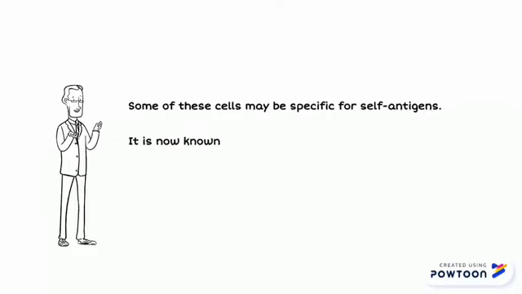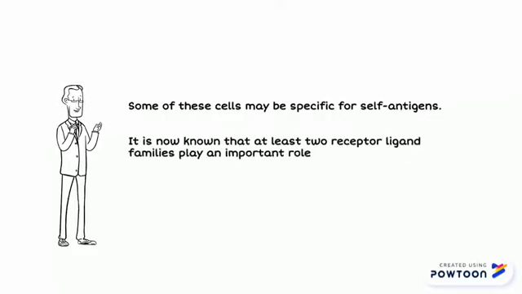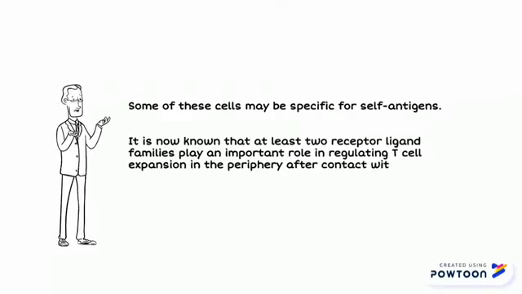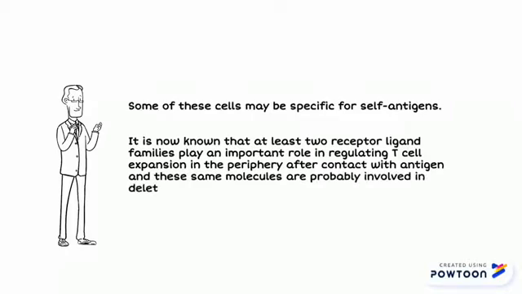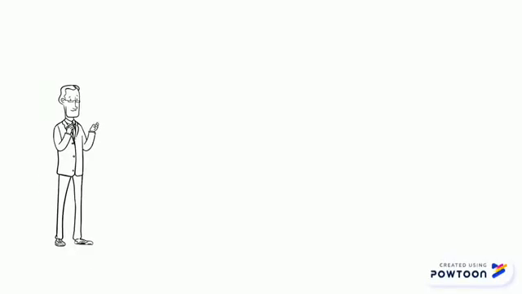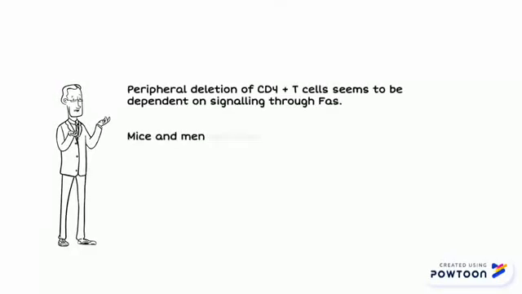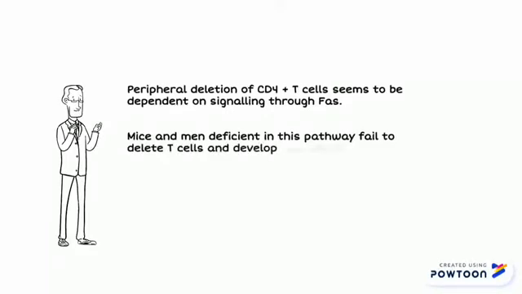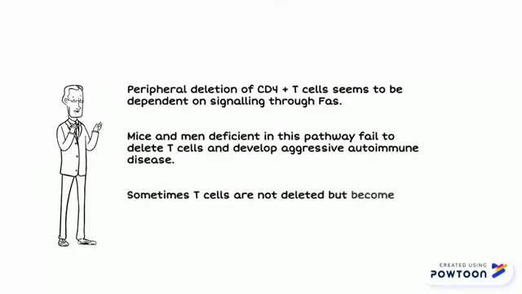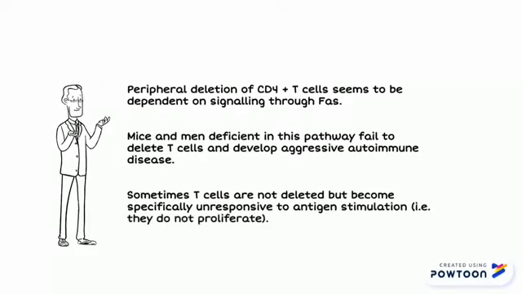It is now known that at least two receptor ligand families play an important role in regulating T cell expansion in the periphery after contact with antigen, and these same molecules are probably involved in deleting self-reactive lymphocytes in the periphery. Peripheral deletion of CD4 T cells seems to be dependent on signaling through Fas. Mice deficient in this pathway fail to delete T cells and develop aggressive autoimmune disease.